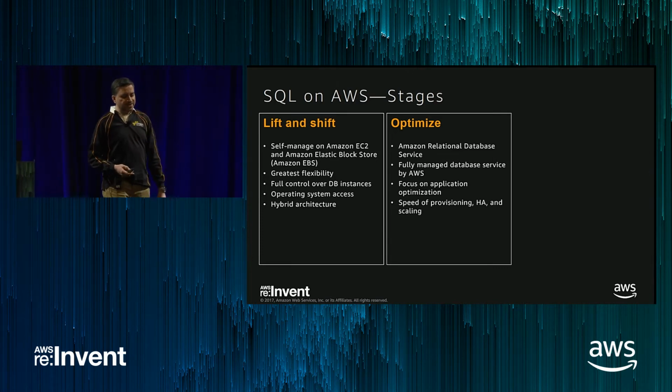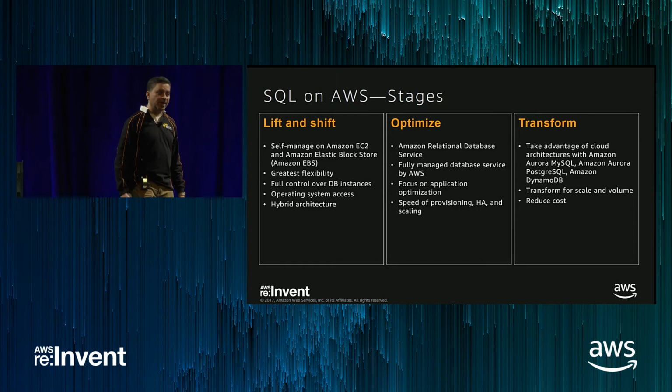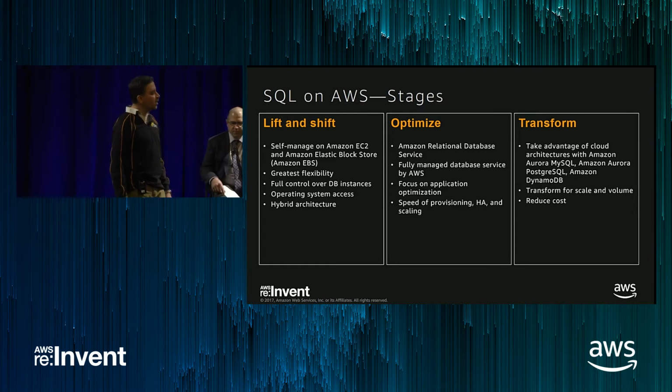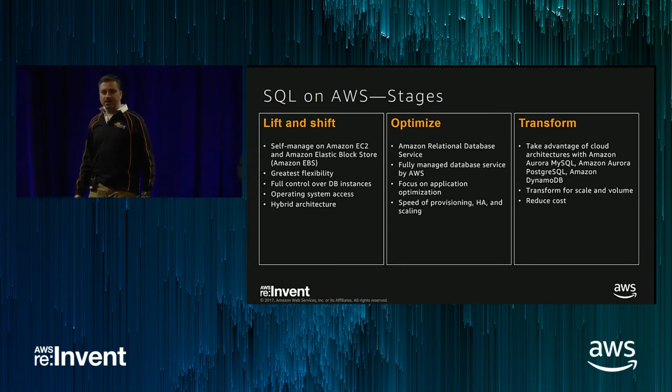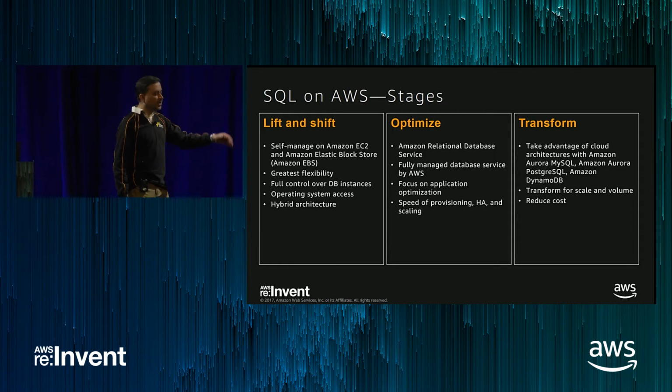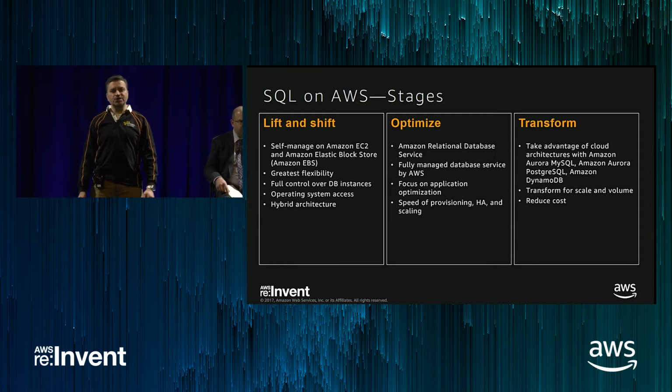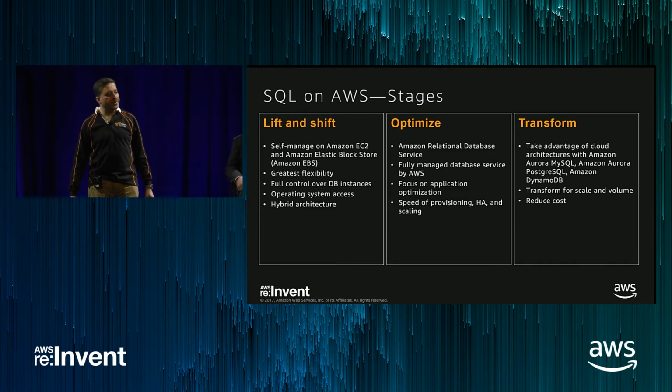And then we take one step further in terms of transformation. Again, we have a lot of customers who are in different stages of migration, from lift and shift, which is EC2 based, all the way to optimization and transformation. So transformation allows you to take advantage of cloud-native database architectures.